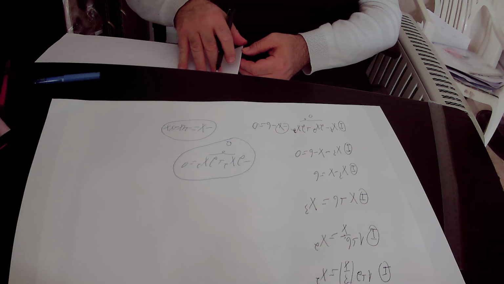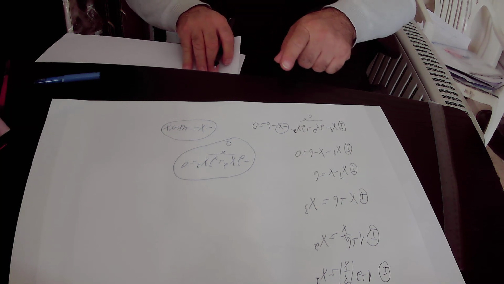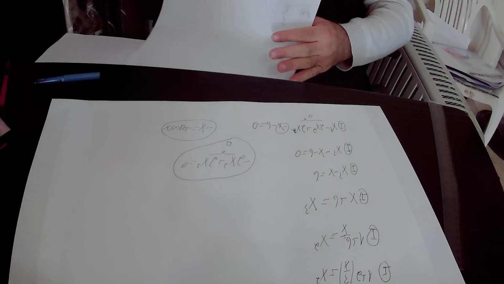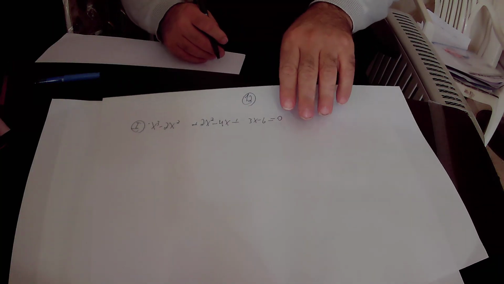So actually, after we substituted minus x by minus 4x plus 3x, we got this equation number 1.